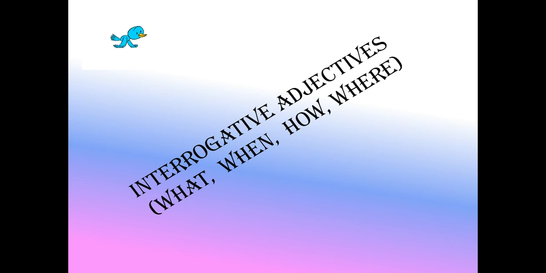But when we are talking about interrogative adjectives, words like what, which, whose should be followed by a noun for it to be an adjective. Just make it very clear: these words should precede a noun for it to be an adjective.